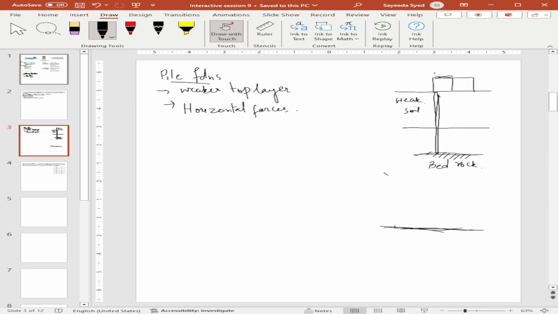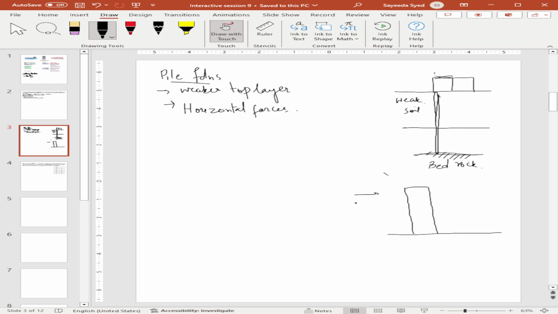For example, if we have a tower structure, a high rise building, the wind may create a force at the top, which may result in a moment at the bottom.